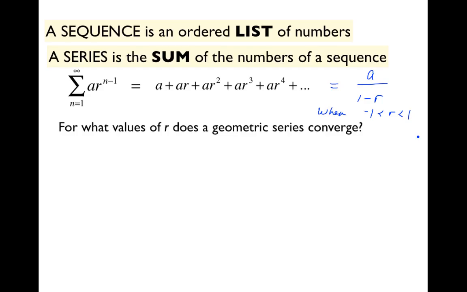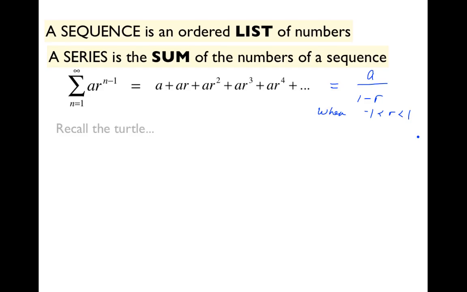So recall the turtle. What was that series? What was it? 1 over 2 to the n? That's all right? Okay. So we could rewrite that as 1/2 to the n, right?